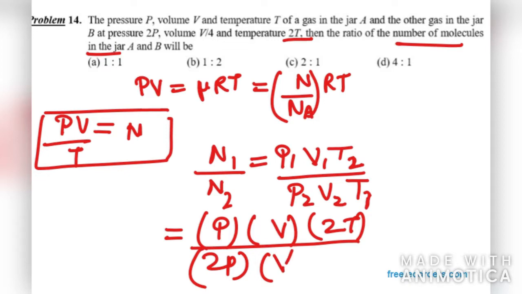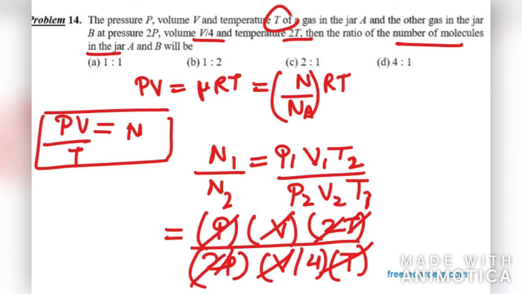So let us cancel out whatever we can. We are left with 1 over 4 at the denominator, that means 4 over 1. That means N1 is equal to 4 times N2, or you can say 4:1 according to the answer. So that means D is the right option.